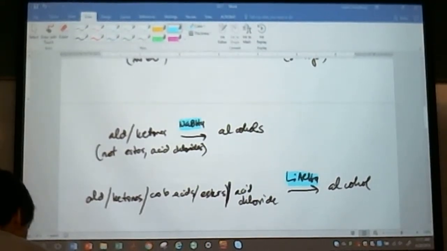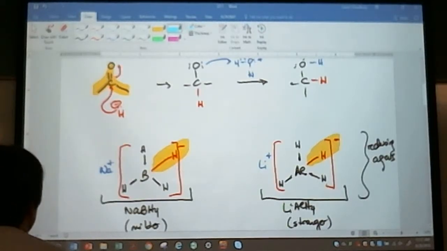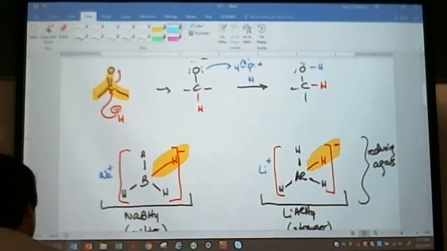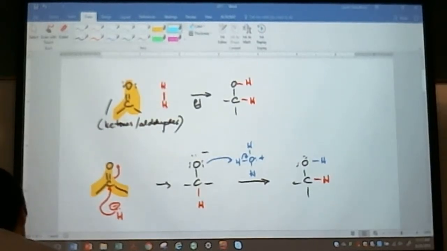Now, your hydride ion, these are 2 different reactions, right? In this case, this is an addition across a double bond. In this case, this is a nucleophilic addition of a hydrogen ion to the carbonyl to form this alkoxide ion. And then as a second step, you would need to add H3O plus.